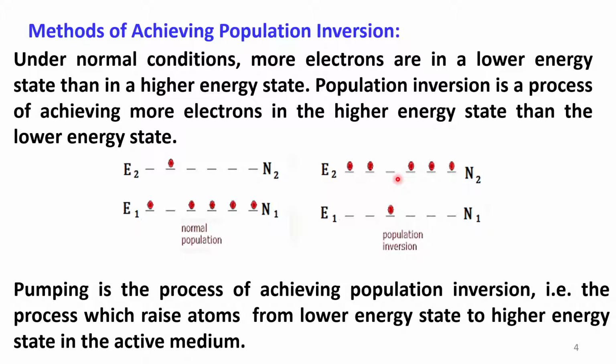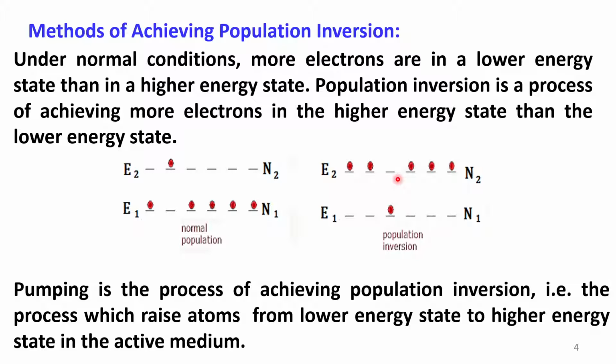But after the population inversion, the number of atoms in the higher energy state is more than the number of atoms in the lower energy state. That means population inversion can be achieved with the help of some external system or external process, and that process is known as the pumping process.